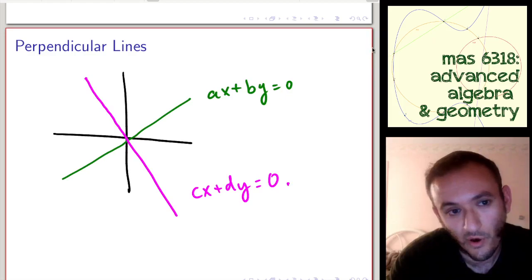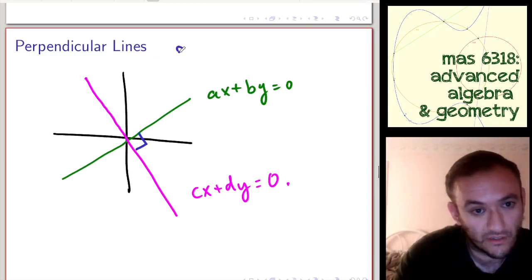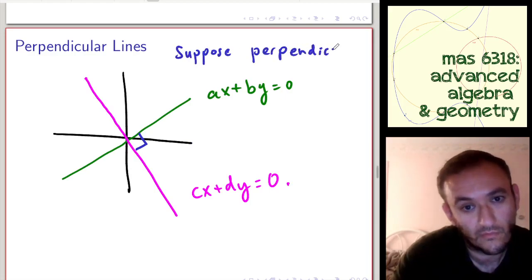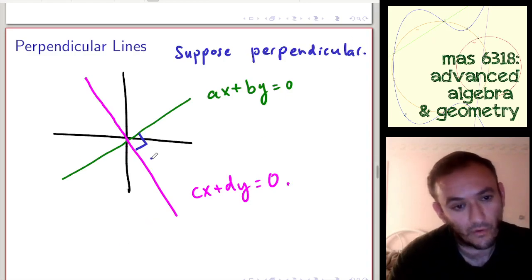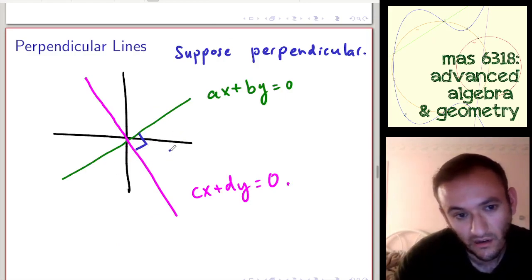Let's suppose for a moment that these two lines are perpendicular. Well, what do we get when we put this right angle here?